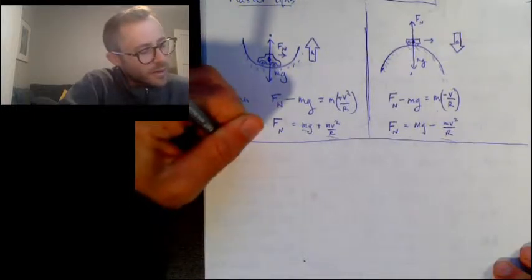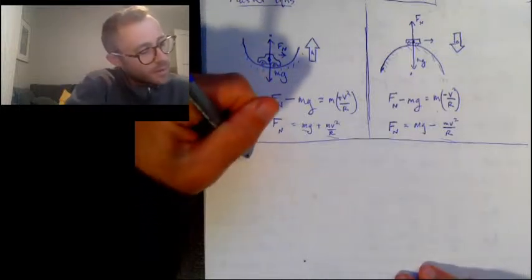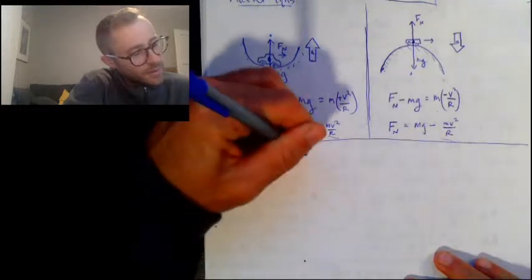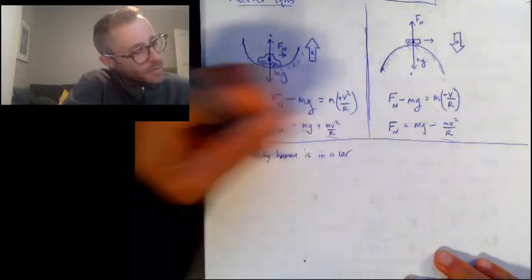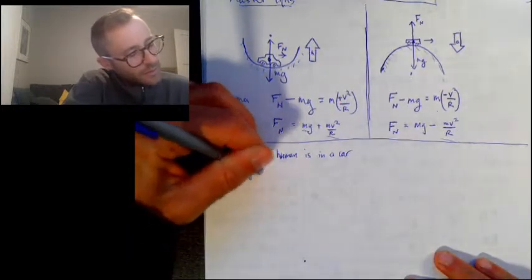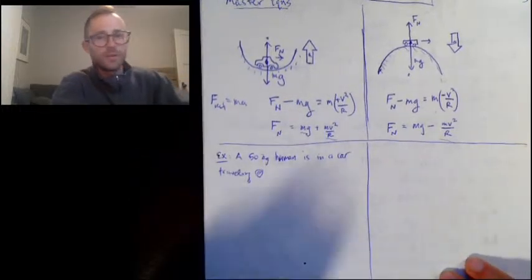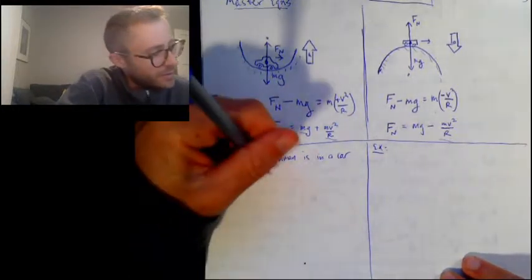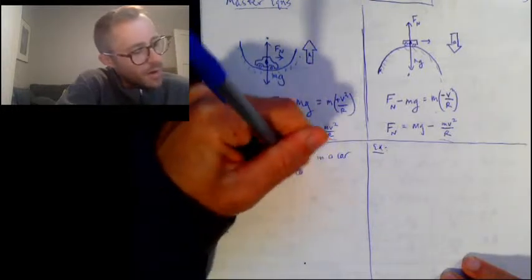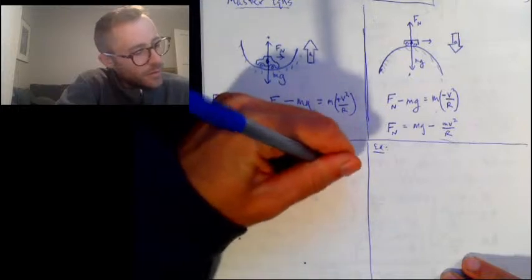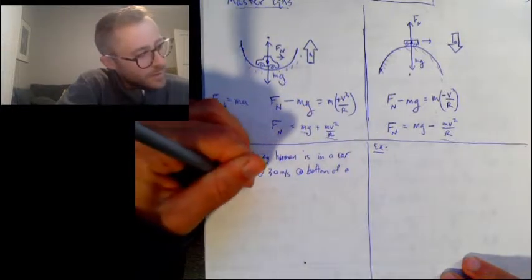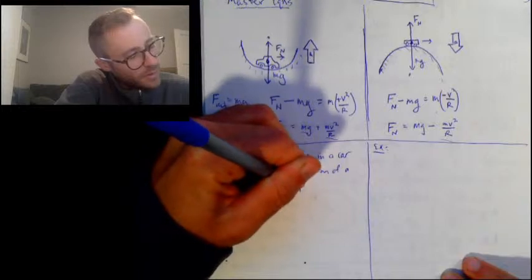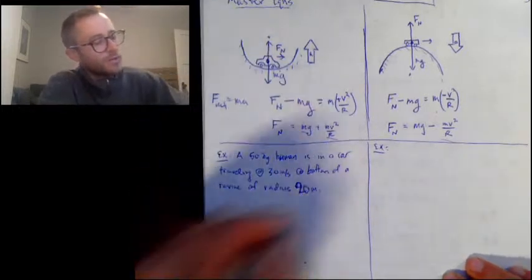First example: a 50-kilogram human is in a car traveling at 30 meters per second at the bottom of a ravine of radius, let's say, 20 meters. What is the normal force on the human?